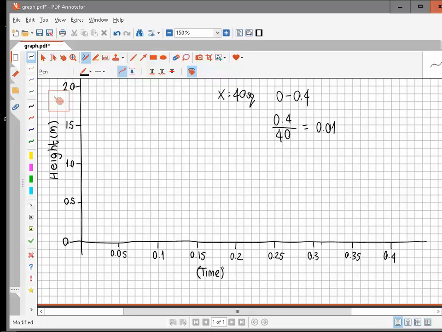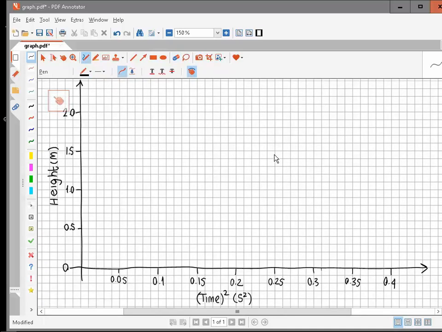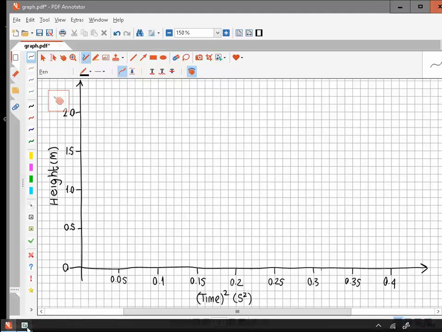Now we have to label the axis, and this will be time squared in units of a second squared. Let me just put an arrow there to indicate the direction of the increasing numbers. I'll just remove my temporary calculations, and we are now ready to start plotting our data points.